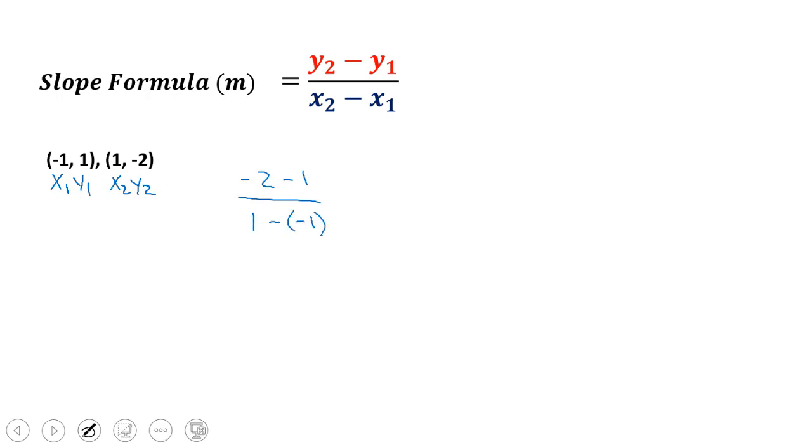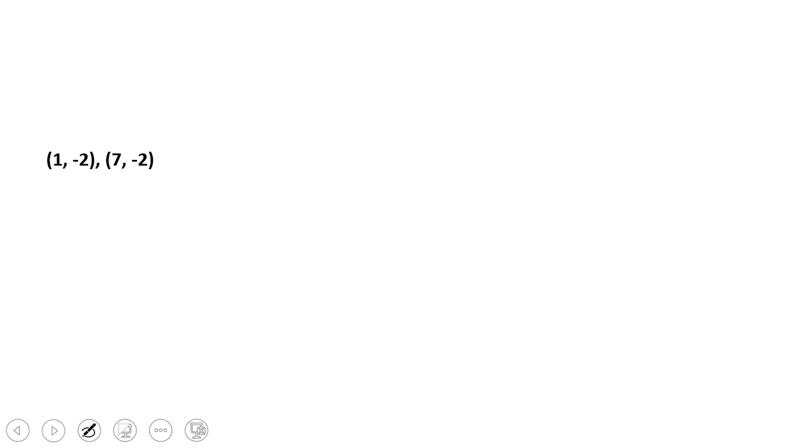And so -2 minus 1 is -3. And 1 minus -1 is positive 2. We can't simplify that. So our slope is -3/2. Very good. If you like doing it the other way, go ahead and write the two ordered pairs and subtract and see real quickly if you get the same answer by pausing the video and then come and see me on the next example. And that next example is right now.